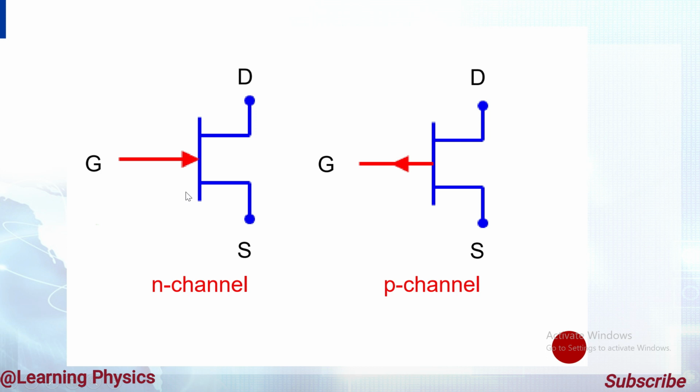It is a three terminal device, and the inward arrow shows it's an n channel material, and in the second we can see that the arrowhead outward shows the p channel JFET. These are the symbolic representations of p channel and n channel devices.